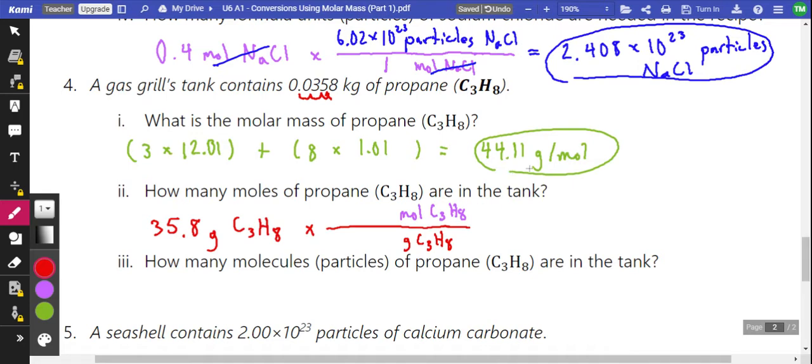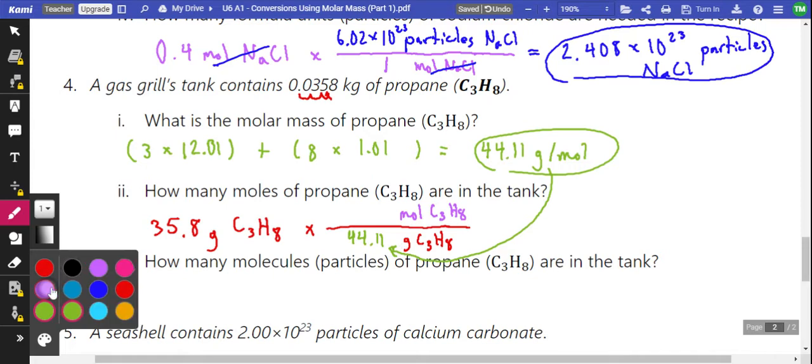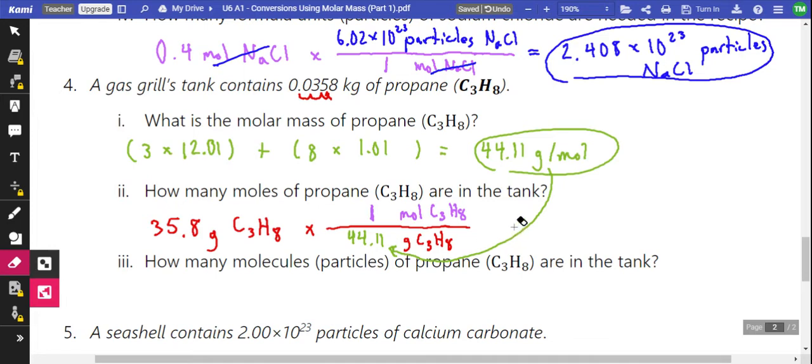Well, that's what we just figured out with the molar mass. There are 44.11 grams of C3H8 in 1 mole of C3H8. It has a molar mass of 44.11 grams per mole. So that's good. Now I have to just do the math.